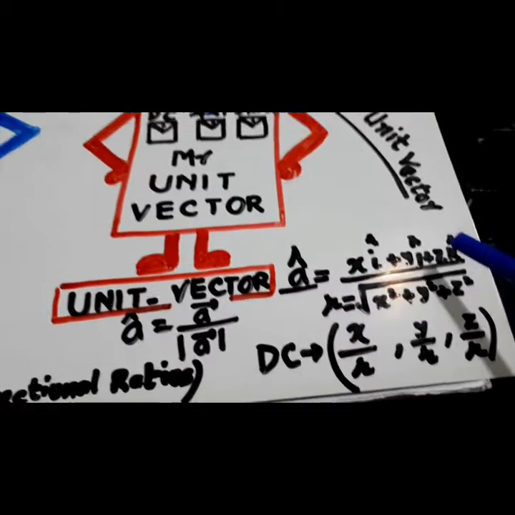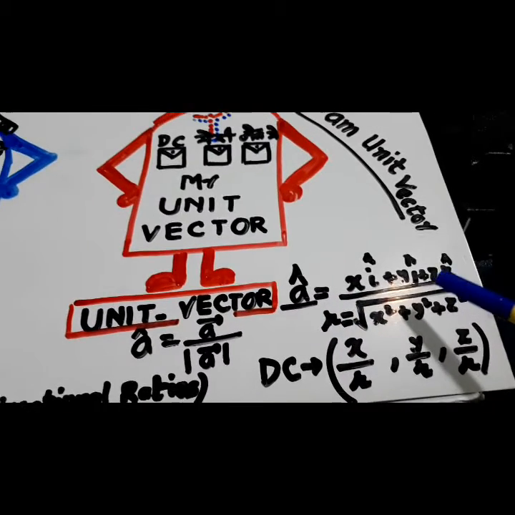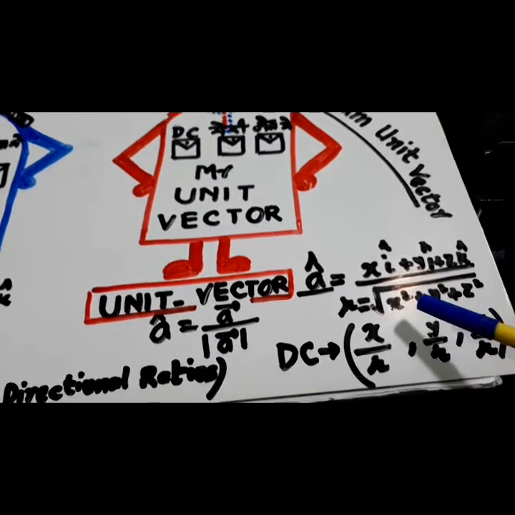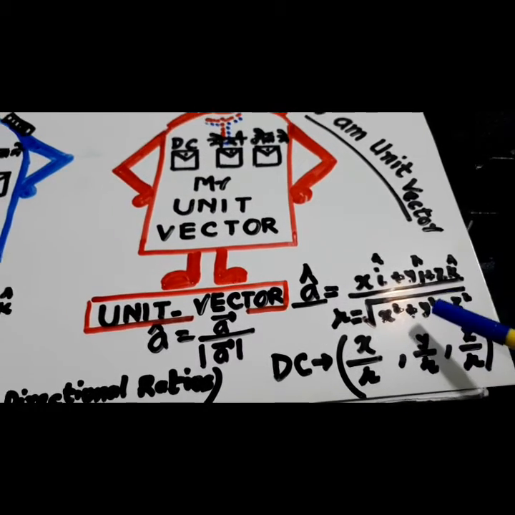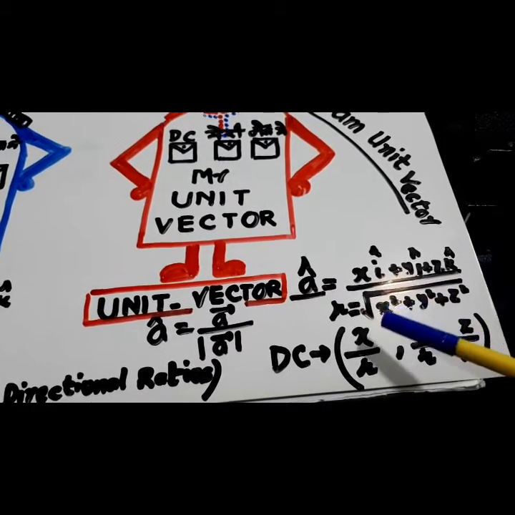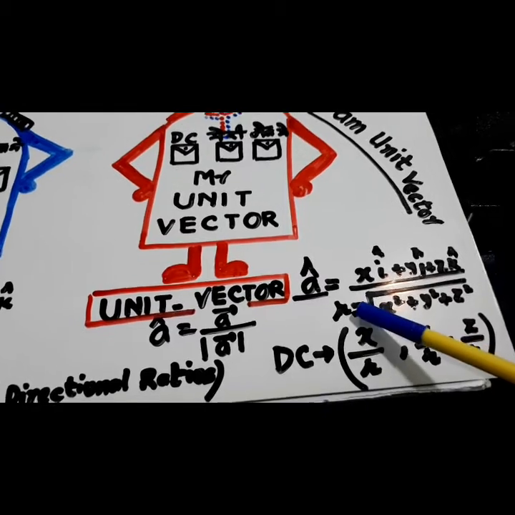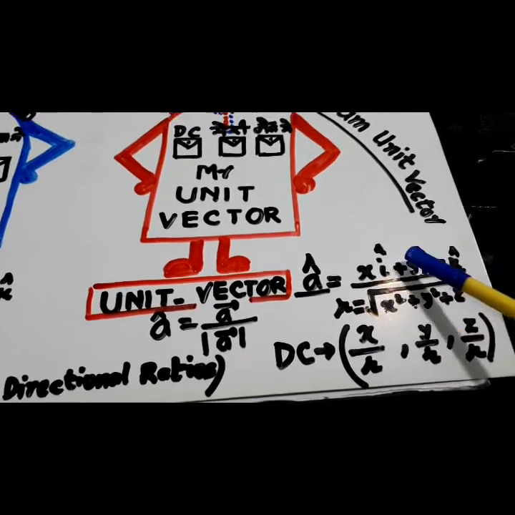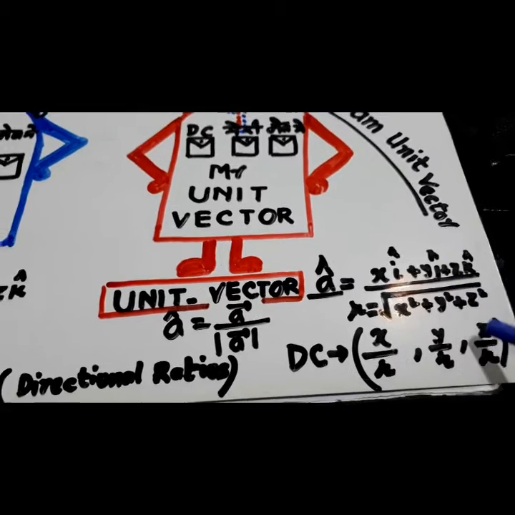Look here, this is the vector xi plus yj plus zk. When you divide by the magnitude, square root of x square plus y square plus z square, say it is r, so DC are x over r, y over r, z over r.